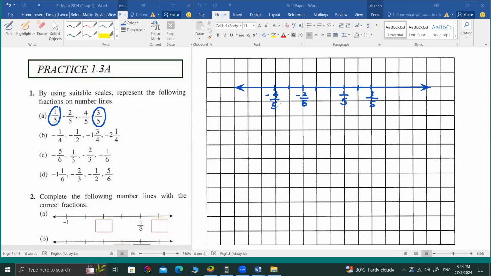If you feel that the arrow is too long, you can make it shorter. Got it? The scale must be equal. I repeat, I write with the red one, you don't write. Red one is not given one. Then you assume that this is 0. 1 per 5, 2 per 5, negative 1 per 5, negative 3 per 5, like that.